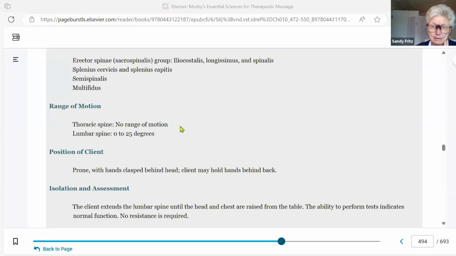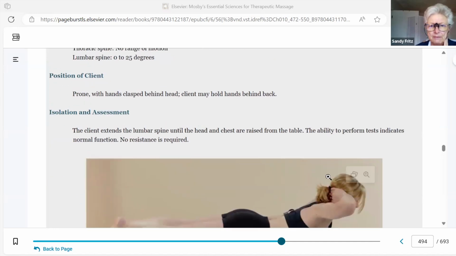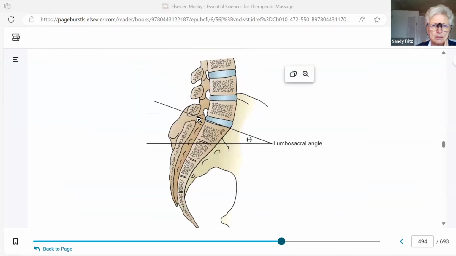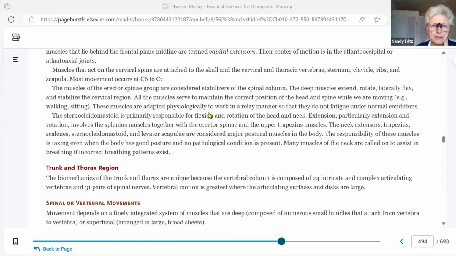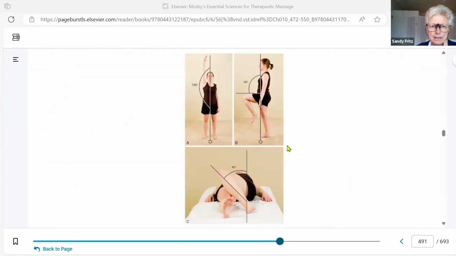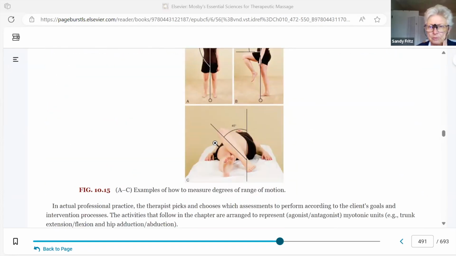There isn't any in the thoracic spine, but up to 25 degrees from anatomical position. And there was a space up here that kind of gave you an idea of how you would eyeball those ranges of motion.